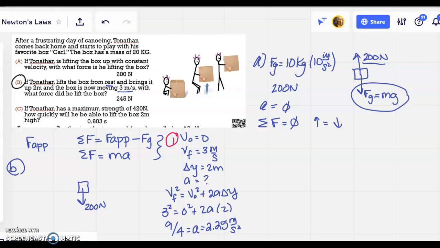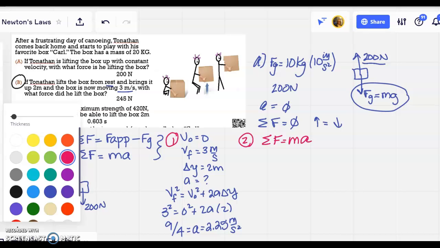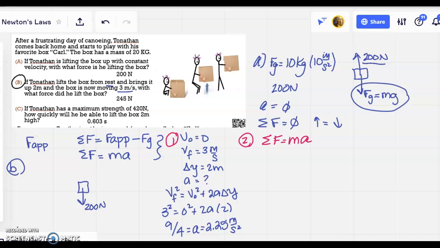And so now step number 2 is we're going to plug it into F equals ma to find the force. So let me change the color back again. So the net force is equal to the mass times the acceleration. And I don't remember what that turns out.